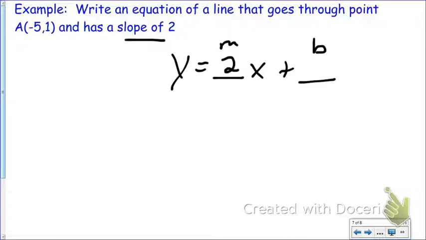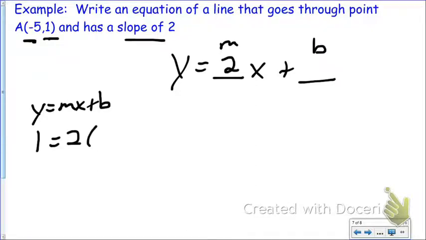So remember what I'm going to do. I'm going to take that y equals mx plus b equation, and I know that this line goes through the point -5, 1. And so the x of -5 and the y of 1 should work if we plug it into the equation. So I'm going to plug those in there and figure out what b must be to make that work. So the y is 1, and I know the m is 2, and I know the x at this point is -5.